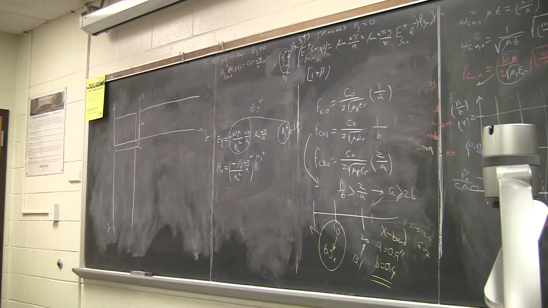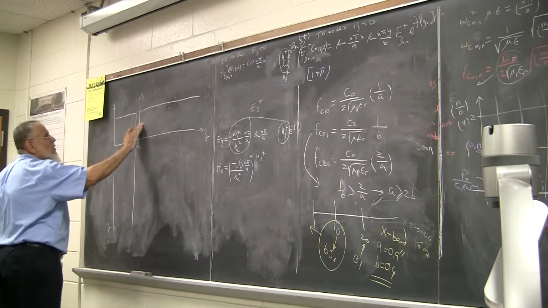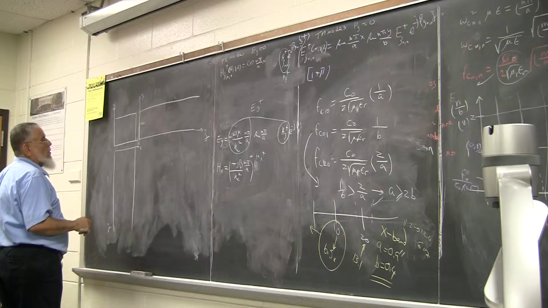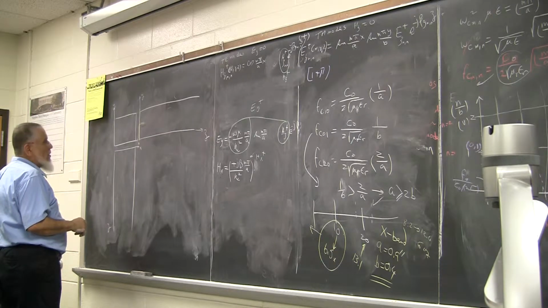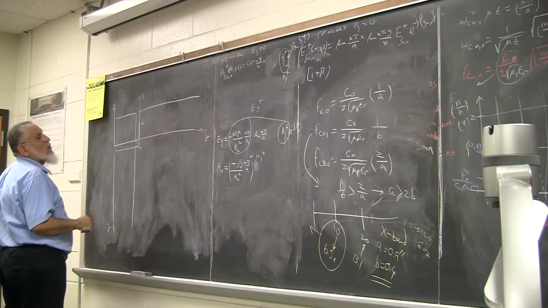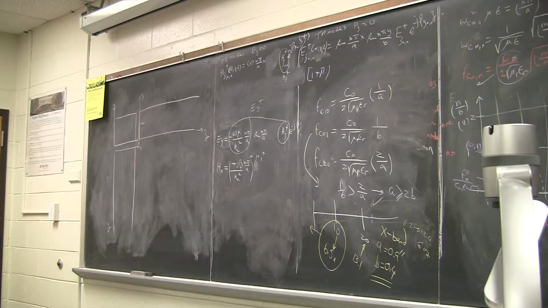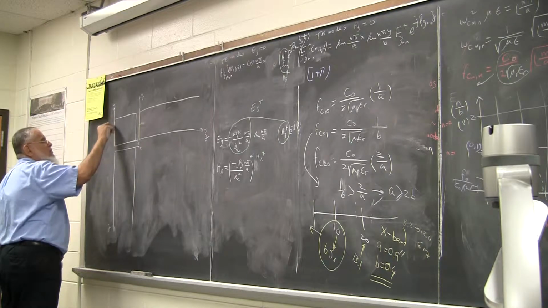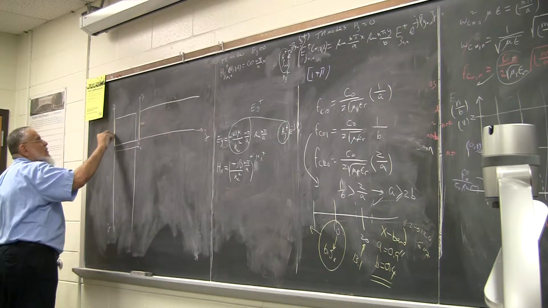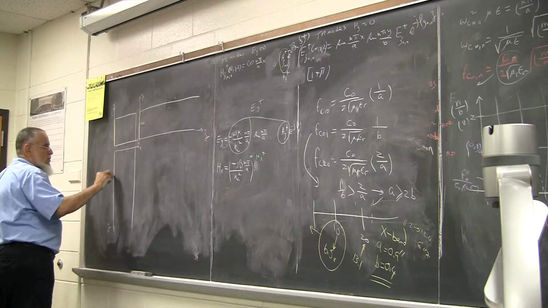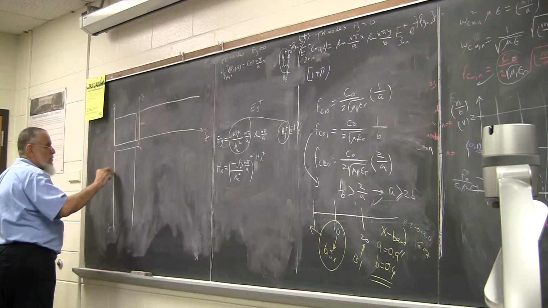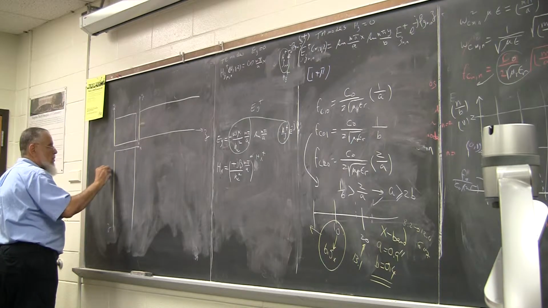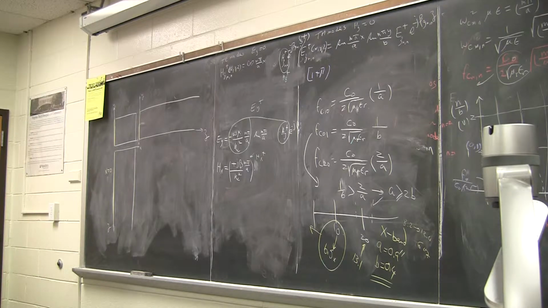Right here. What's going on? Why am I confused? X equal to 0 is right this plane. My apologies. So this plane right here is x equals 0. Okay.